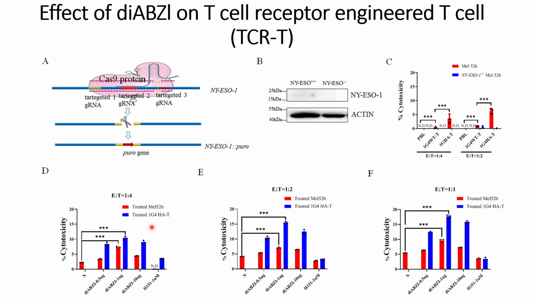However, I have already mentioned in the previous video the reason why they used 1G4HA compared to the wild type, where they found that 1G4HA has more cytotoxicity compared to the 1G4 wild type in particular conditions. So that's all for this video.